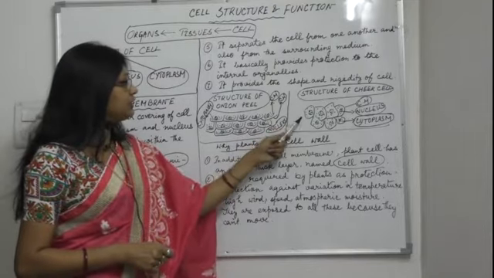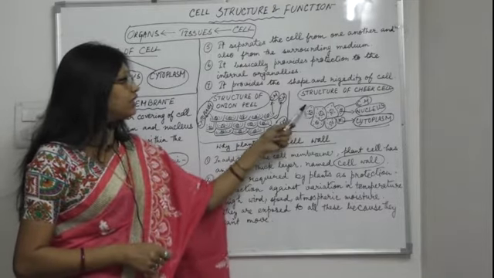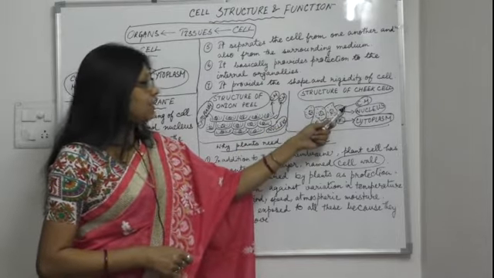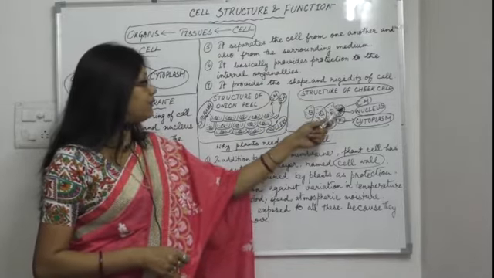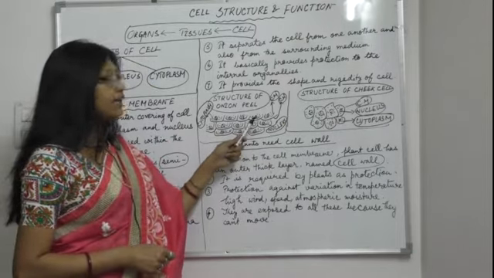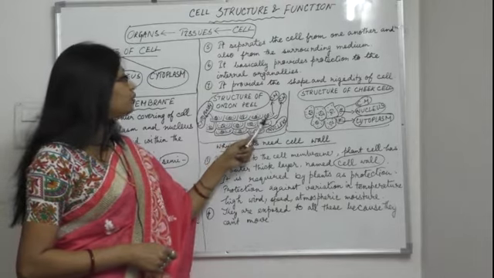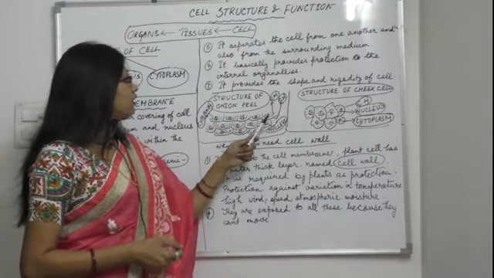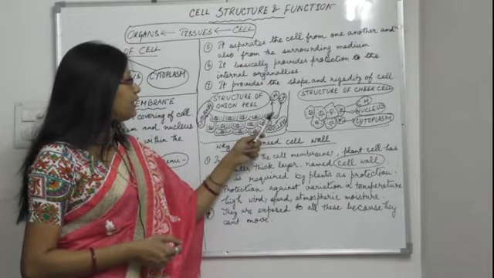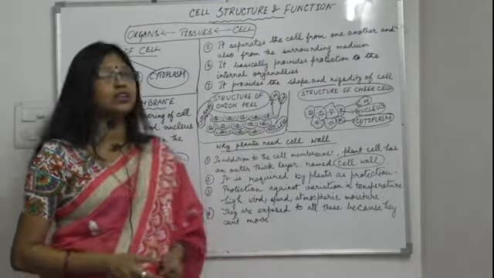But in the human cheek cell there is only one covering, one wall, that is the cell membrane. Here you can see two membranes. So what are these two? The outer membrane is the cell wall and the inner membrane is the cell membrane.